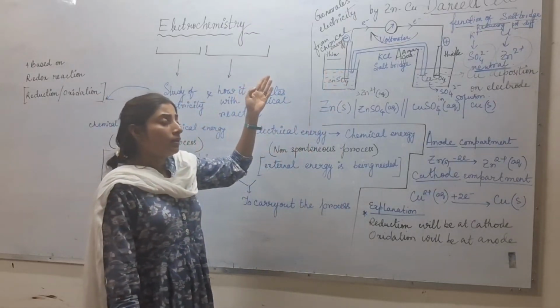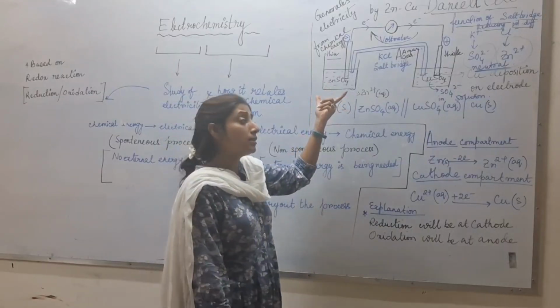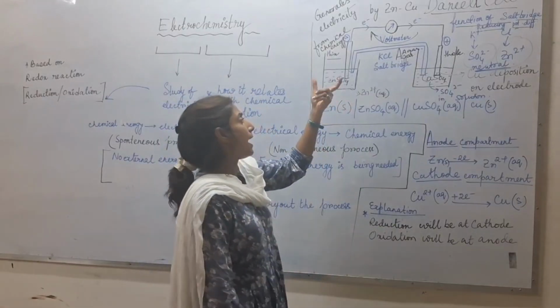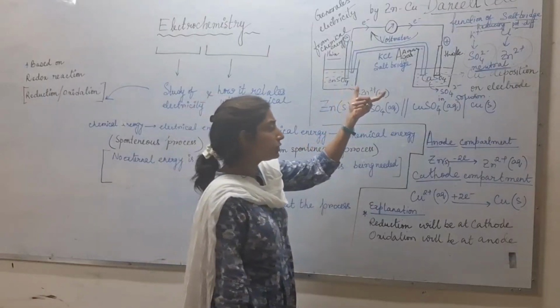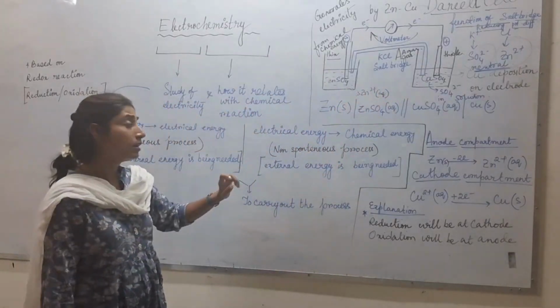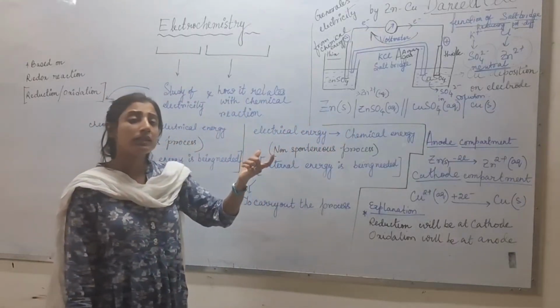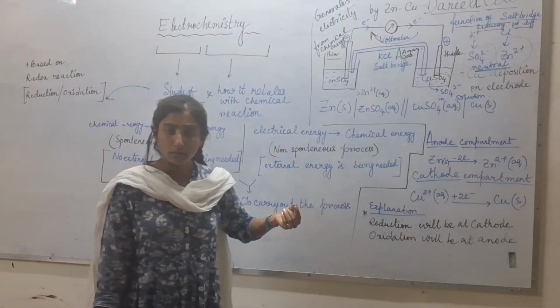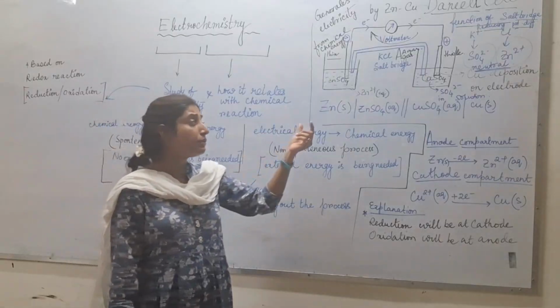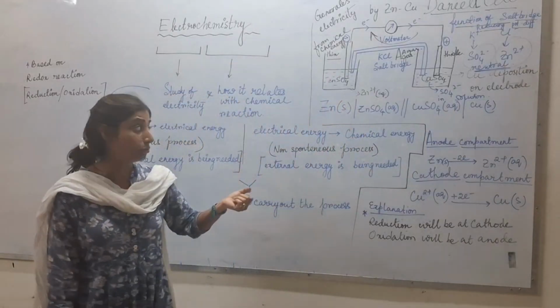Here, the zinc sulfate compartment is called the anode compartment, and the CuSO4 compartment is the cathode compartment. The ZnSO4 solution contains a zinc electrode, and the CuSO4 solution contains a copper electrode.